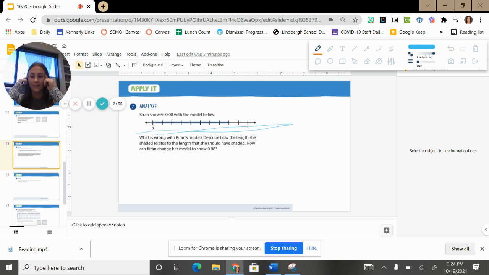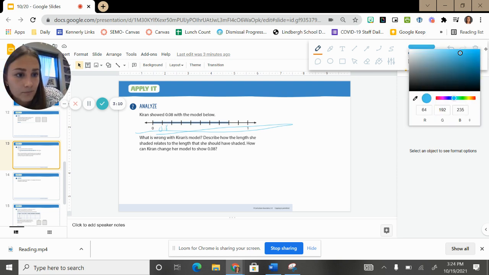Thinking back to yesterday's lesson, we had to label the number lines. You might want to flip back to that and look at it. I know that these notches here are tenths because it's split into 10. So I know this is 0.1, this is 0.2, 0.3, 0.4, 0.5, 0.6, 0.7, 0.8, and then 0.9.